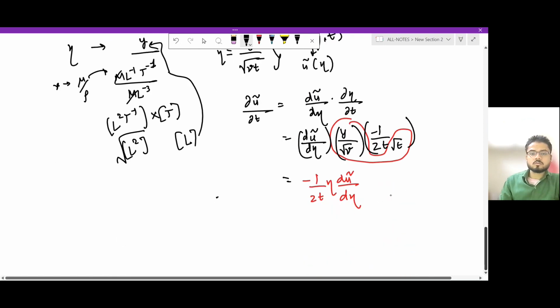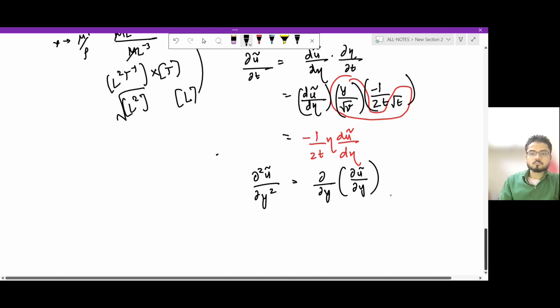And another part is still ∂²u/∂y². You can write it something like this: ∂/∂y of ∂u/∂y. So first we write ∂u/∂y as du/dη times ∂η/∂y, which is 1 over the square root of νt times u′, where prime represents d/dη.